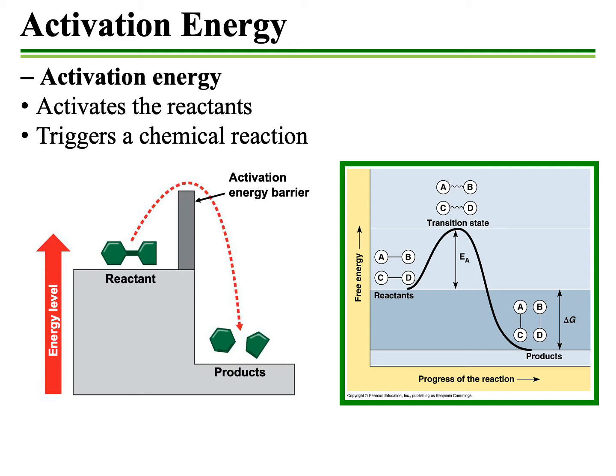So if you look at the very simplified version of a free energy diagram on the left-hand side, what you can see is the progress of the reaction along the x-axis and the energy associated with the components along the y. Again, in this very simple view, you see a certain amount of free energy associated with the reactant in this reaction, and a lower level associated with the products of this reaction.